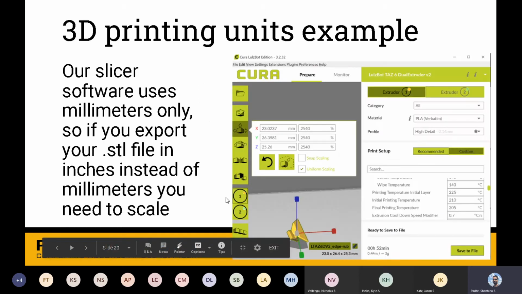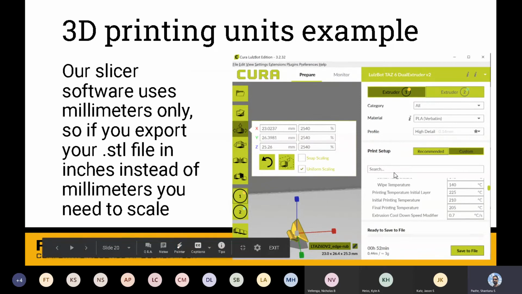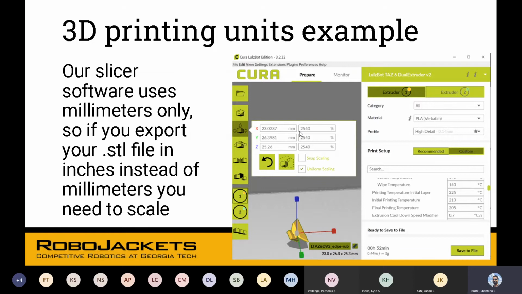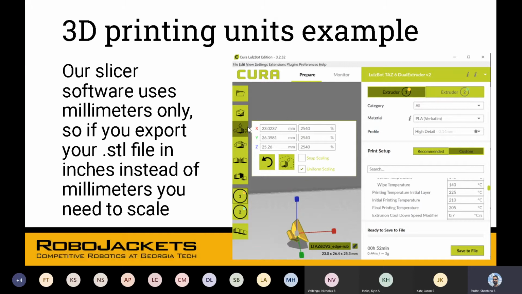Okay, 3D printing. This is particularly important because we use Cura. This software only takes millimeters. And a lot of times it happens that students will have a part that is made in inches, and then they'll have to convert it to millimeters. I think Cura itself has an inbuilt way to scale your part.